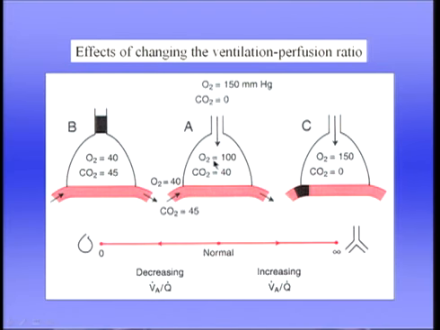And we know by now that the net result in a lung or a lung unit which is normally ventilated and perfused is to give us a PO2 in the alveolar gas of 100 and a PCO2 of 40. The partial pressures of the mixed venous blood entering the lung are a PO2 of 40 and a PCO2 of 45.